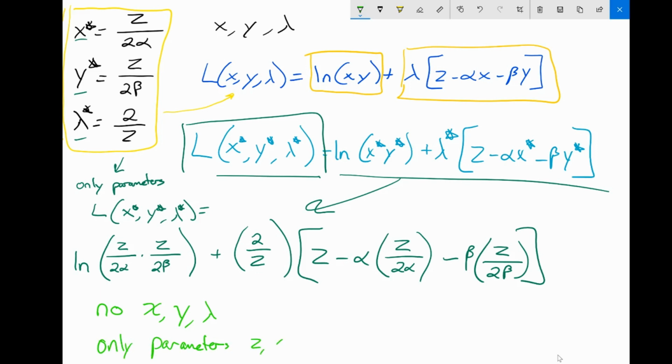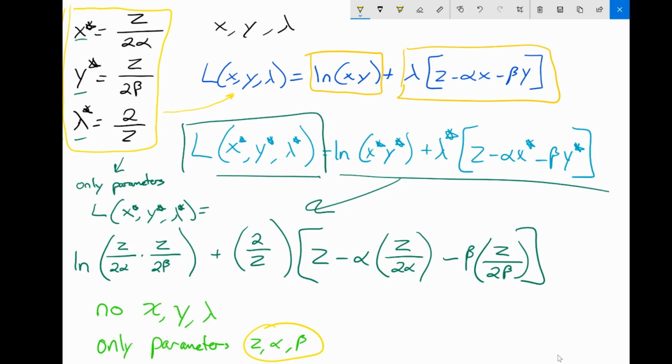Only parameters, z, alpha, beta, and then of course the numbers like 2. Okay, so once we've optimized and plugged back in, now we have a function that's composed entirely of parameters. There are no more variables. What this means is that if we know all of the parameters of the model, we will be able to calculate the maximum level of constrained utility.